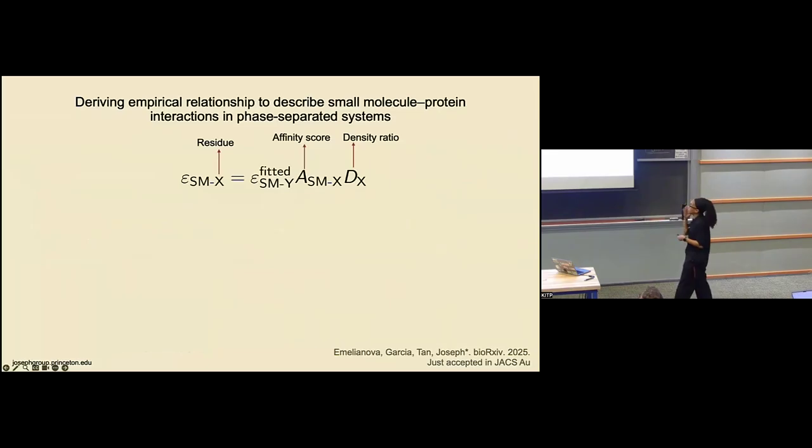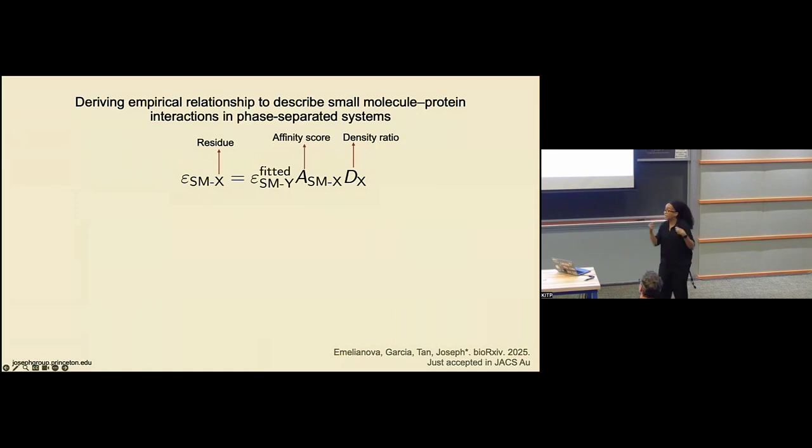Well, essentially what we want to do is figure out what is the effective interaction that a small molecule makes with a protein in a condensed environment. And so we define some sort of effective interaction where, based on our atomistic simulations, both the properties of the small molecule as well as the properties of the condensate matter.